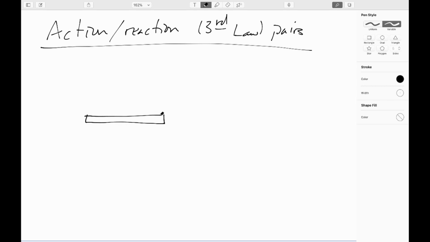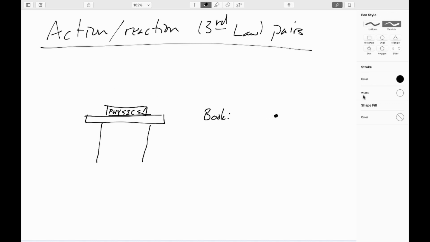So let's just start by thinking about a book sitting on a table. All right, so there's your book sitting on the table. Now let's go ahead and draw a free body diagram for the book.